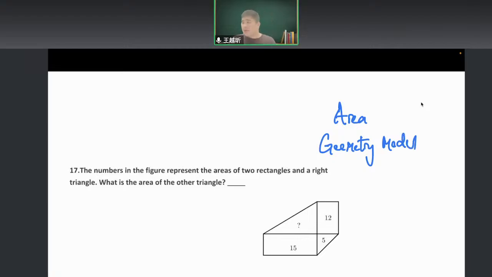This is a very common geometry model. If you fill up the rectangle, let me label this A and this part B. Let me draw the model.